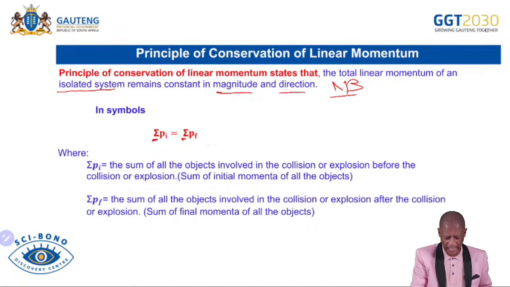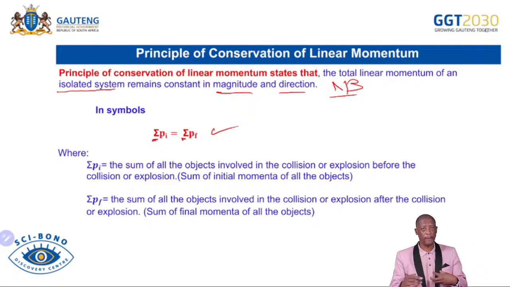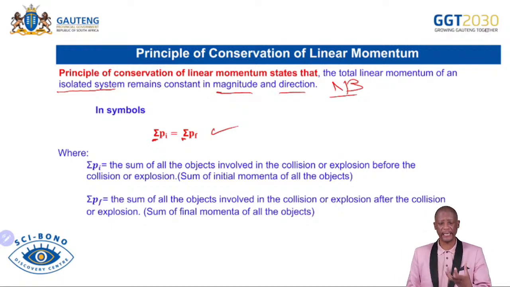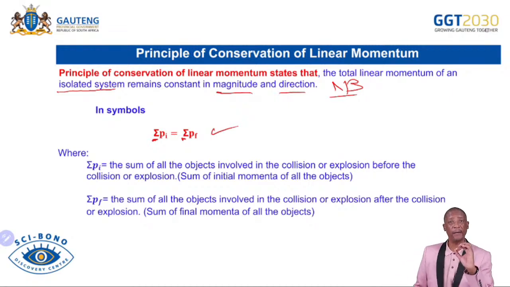Your marks will lie here. That is your first mark. You write this because it's telling us as markers what you are saying. In other words, we have applied the principle of conservation of linear momentum, letting us be aware that we are going to apply it.